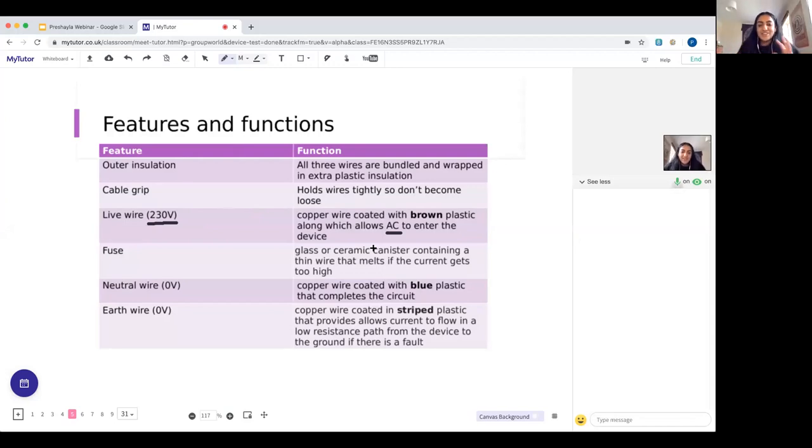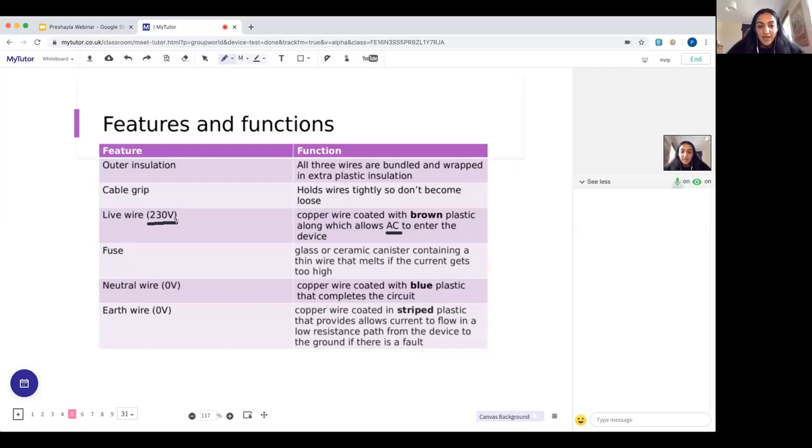So try to get your heads around that: current and potential difference can be used interchangeably in that instance. So we have alternating current at a value of 230 volts, and the live wire is always going to be at 230 volts if it's mains electricity.